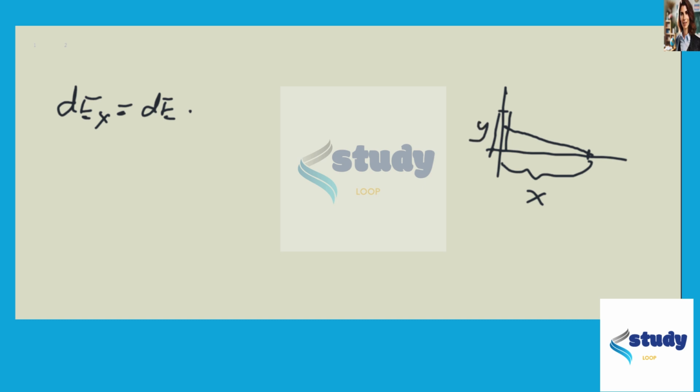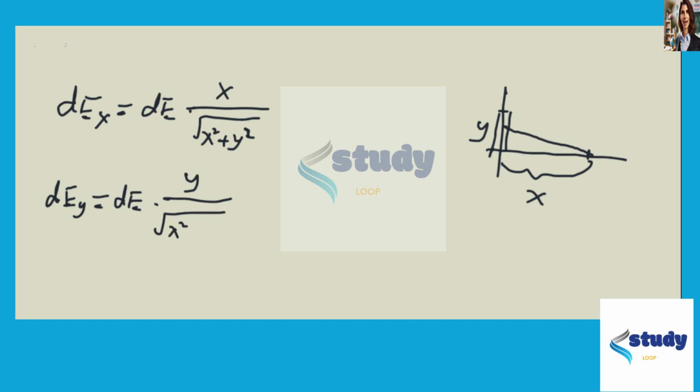So dEx equals dE times x over square root of x squared plus y squared, and dEy equals dE times y over square root of x squared plus y squared. So just plug the expression for dE into these two expressions, and we can obtain the expressions for dEx and dEy.